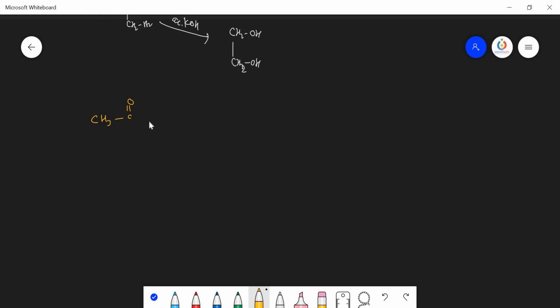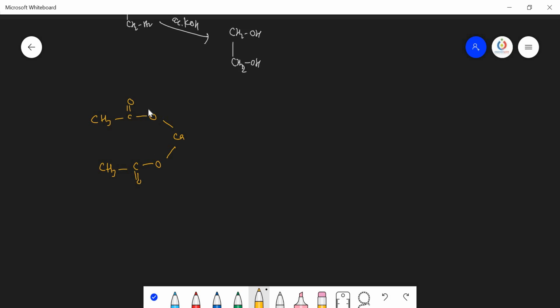CH3C=O, O. This is CH3C=O, O, I'll write O here also. Now calcium is there. This is called calcium acetate, CH3COO.